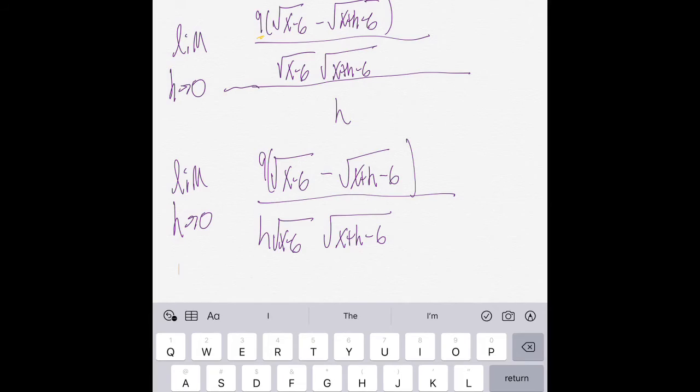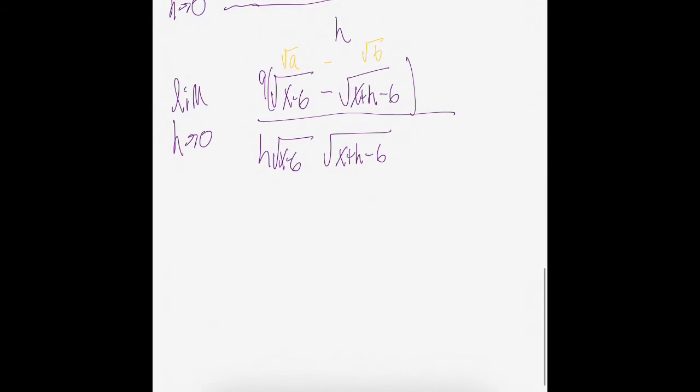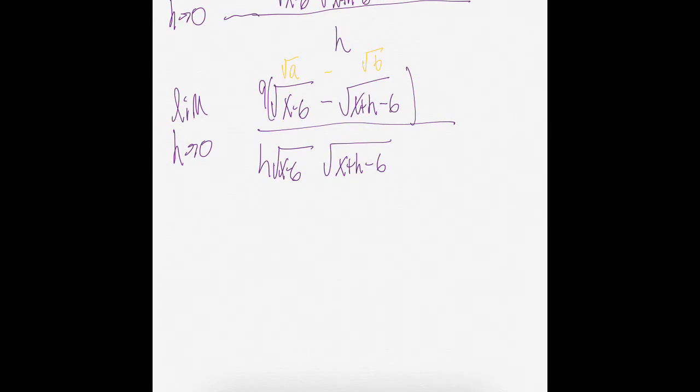But what I can do, in fact, I'm going to get a 0 in the numerator and denominator if I plug in h equals 0. But what I see in the numerator is I've got root of something minus root of something else, right? I'm just writing a and b here. The point is that it's square root of something minus square root of something else.